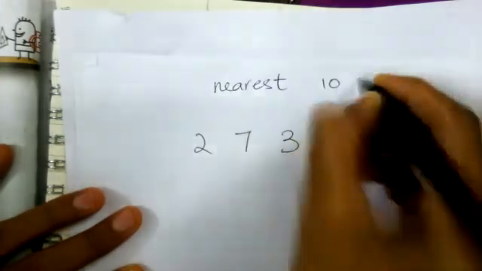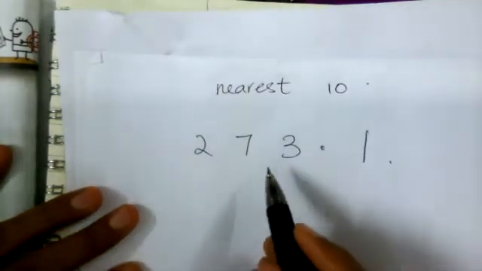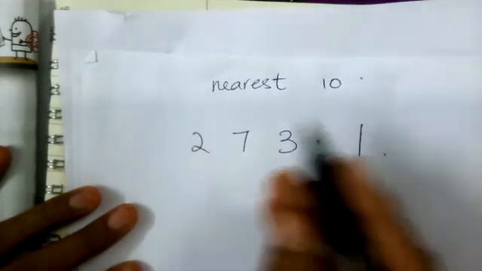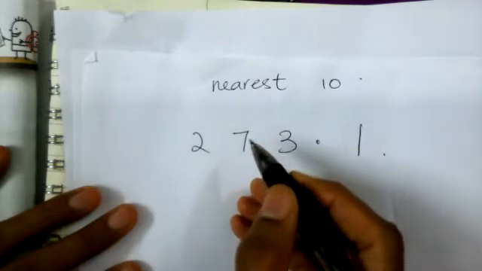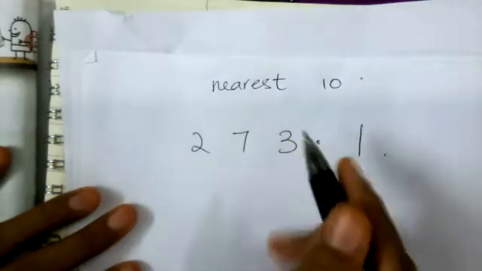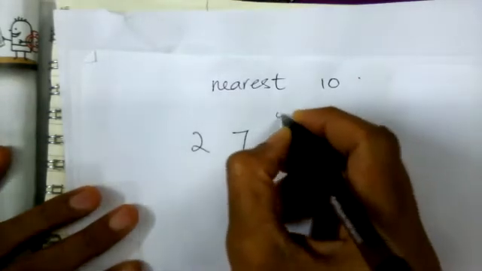So where is the tens digit? So nearest 10, right? I have to round off to the nearest 10. So that means I need to first find out which digit is in the tens place. Okay, that's going to be my first step. Yes, Javeria? Seven is in the tens place.